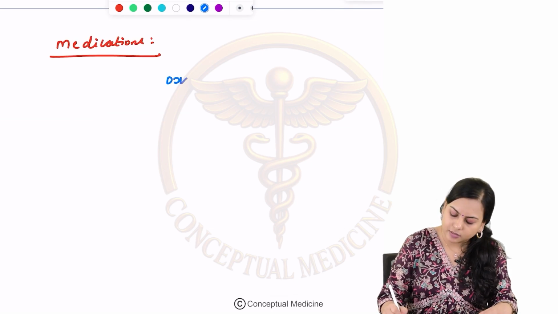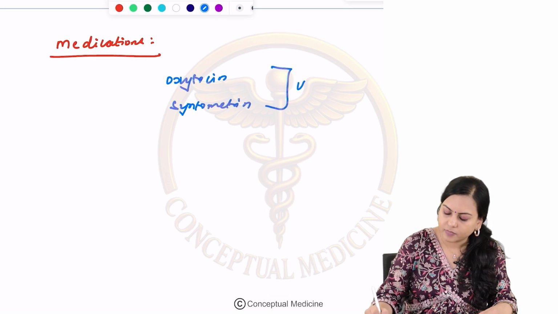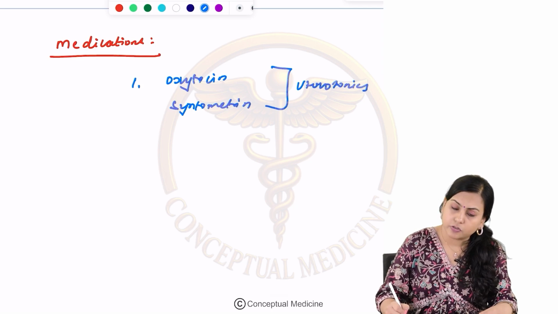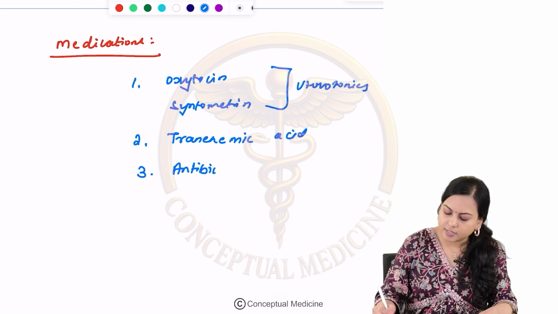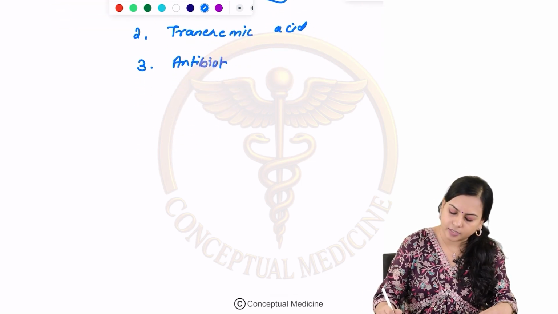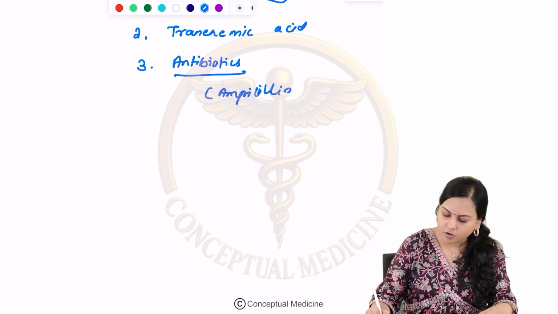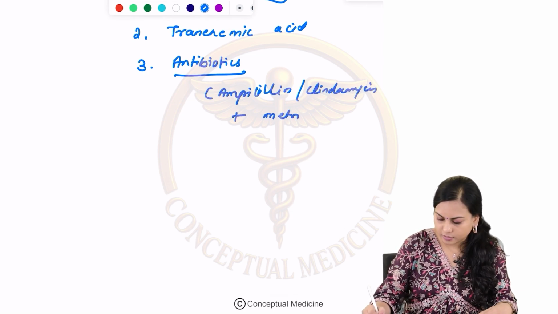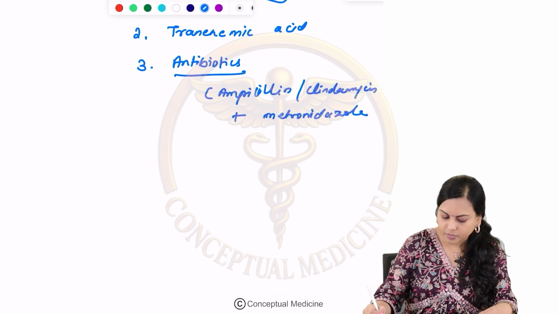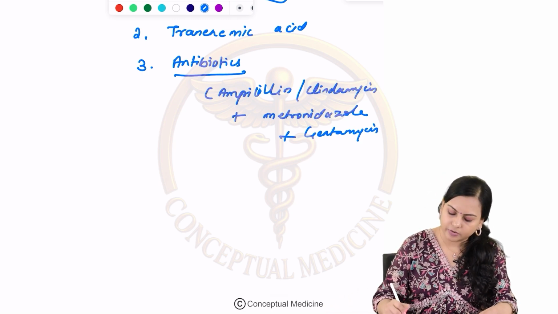As we have already seen, uterotonics like oxytocin, syntometrine, etc. Yes, you can also use tranexamic acid, and definitely since endometritis can also be associated, you have to start them on antibiotics like ampicillin, okay, or clindamycin if there is an allergy to the penicillin group, and then you have to cover them with metronidazole, also gentamicin. Clear?